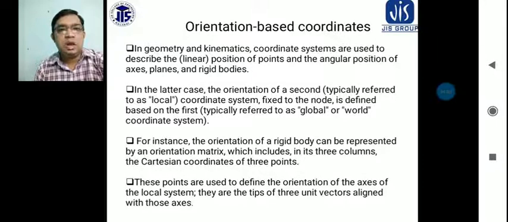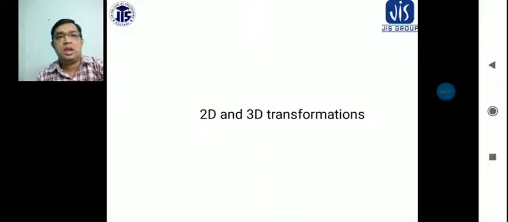For instance, the orientation of a rigid body can be represented by an orientation matrix, which includes in its 3 columns the Cartesian coordinates of 3 points. These points are used to define the orientation of the axes of the local system. They are the 3 unit vectors aligned with the axes.